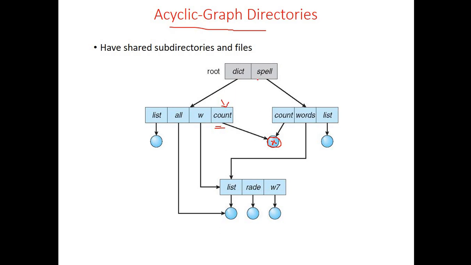One is count under DICT. It is also a part of count under spell. So therefore, multiple directories will be having shared files. That forms some kind of acyclic nature in the tree. That's why it is called acyclic graph directories.